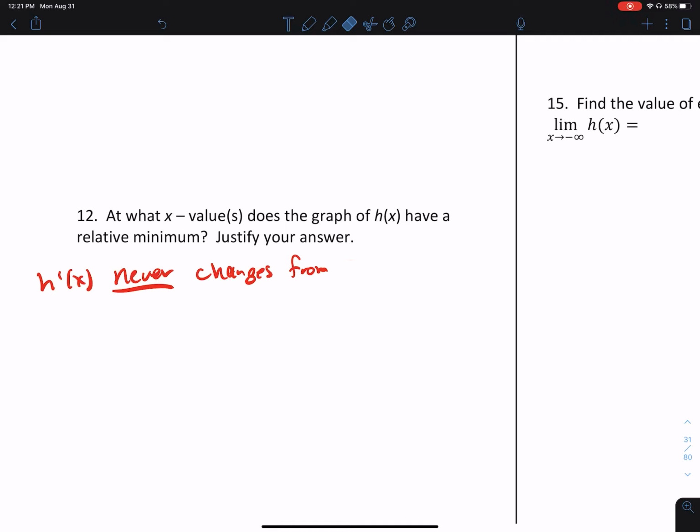And I'll write this one out since I did in the last one. The conclusion, h of x does not have a relative minimum.